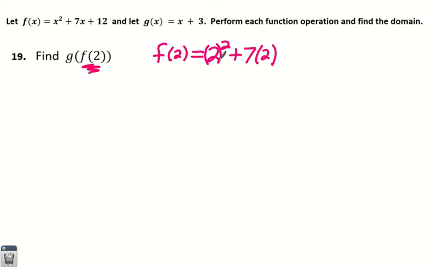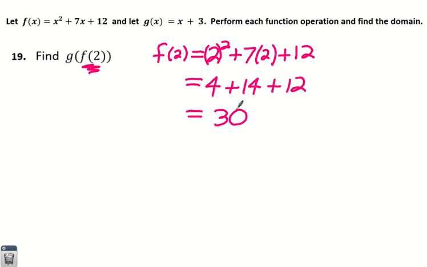We're plugging in 2 for x. So that's 4, that's 14, and then 30. And so f of 2 is 30, and so this becomes g of 30.